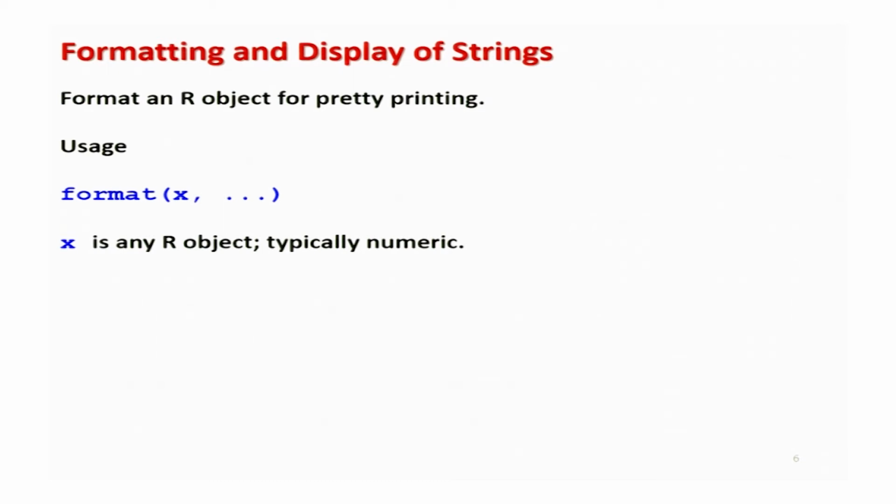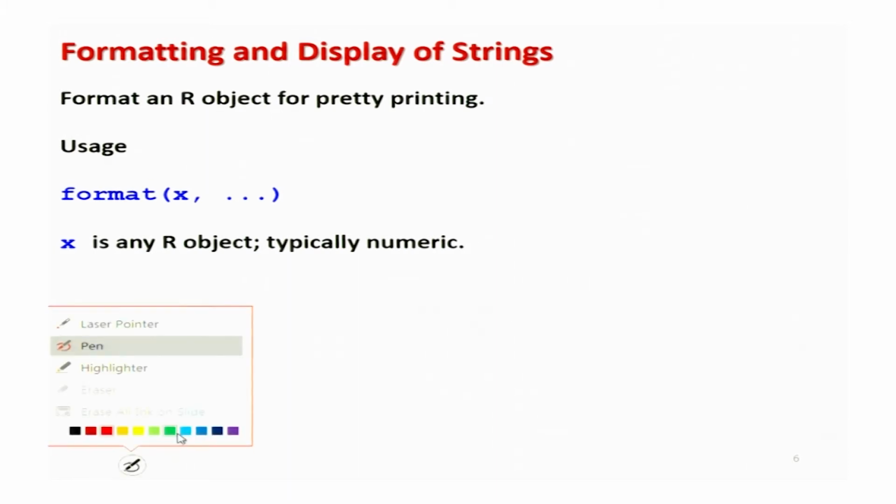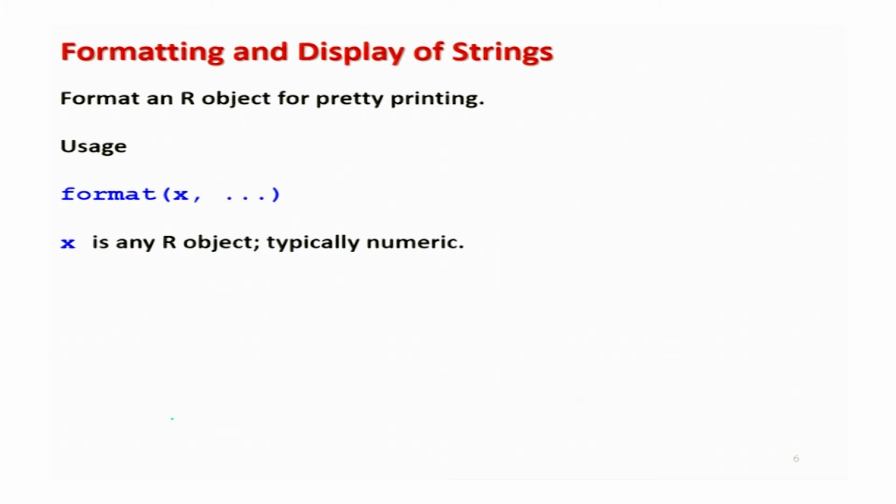So, as you understand, the meaning of a format is that you want the outcome in a particular way, in a formatted way. The command format is used for nice printing, so that you can control the way the outcome comes.